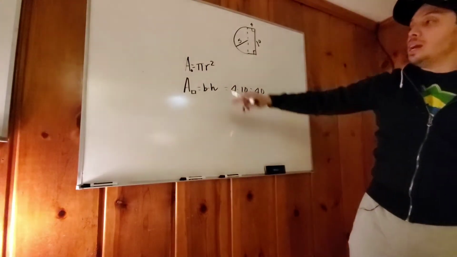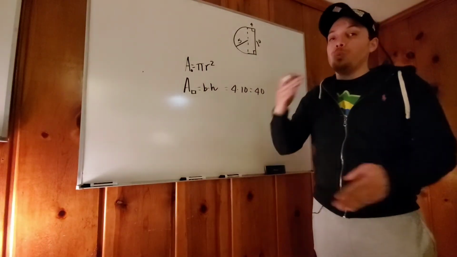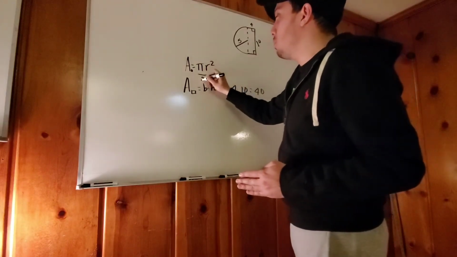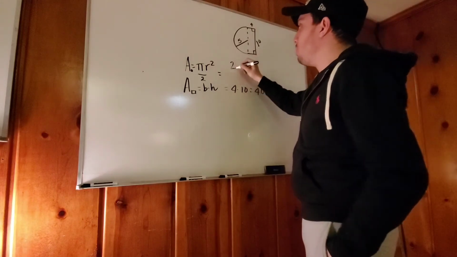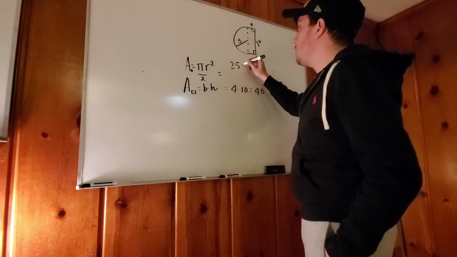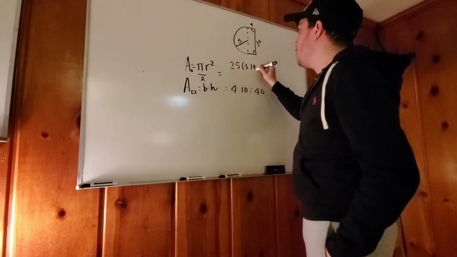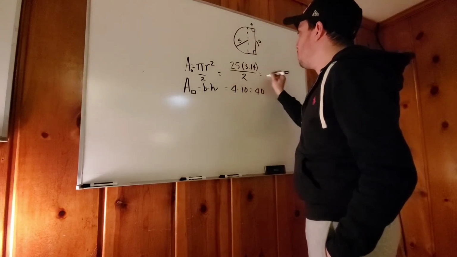That was pretty easy. Now this is the area of the whole circle. We need to divide it by 2 to be able to find the area of that. So it's going to be 25 times 3.14 divided by 2.